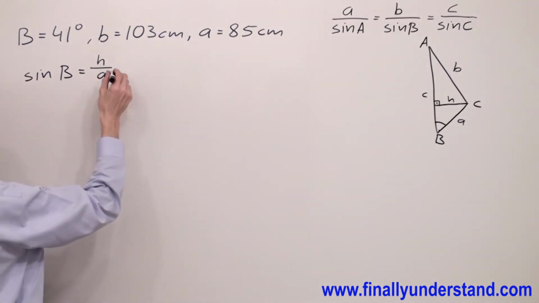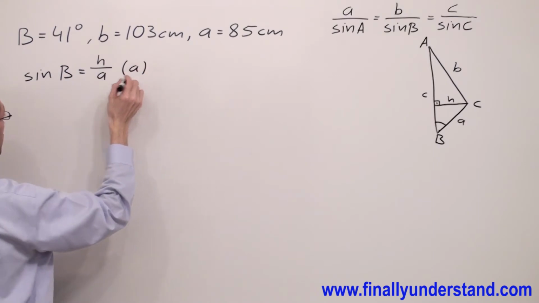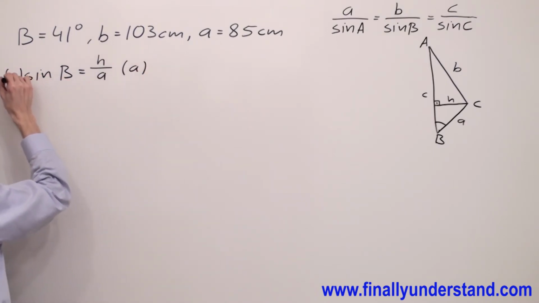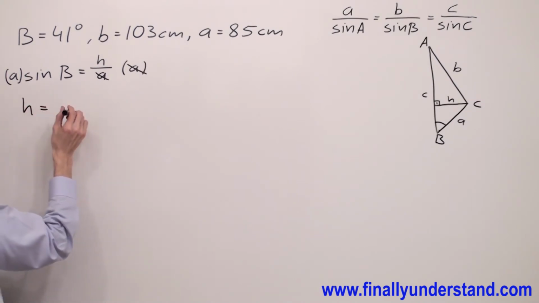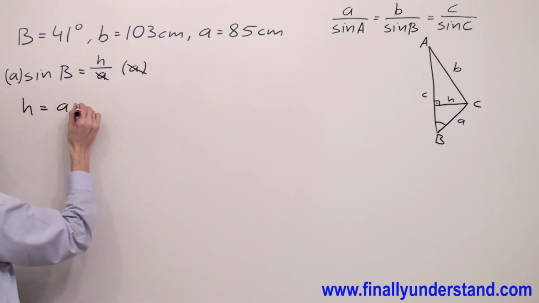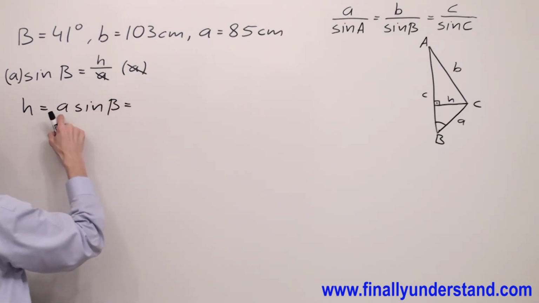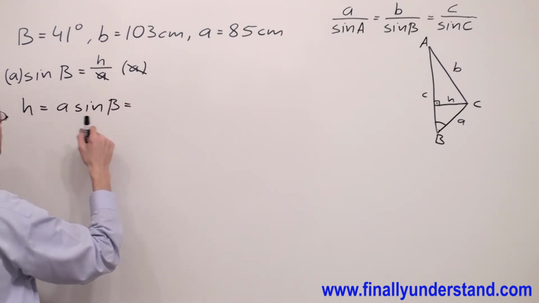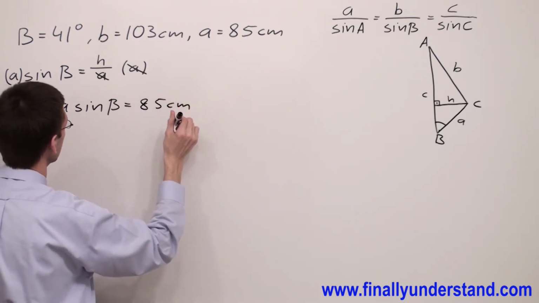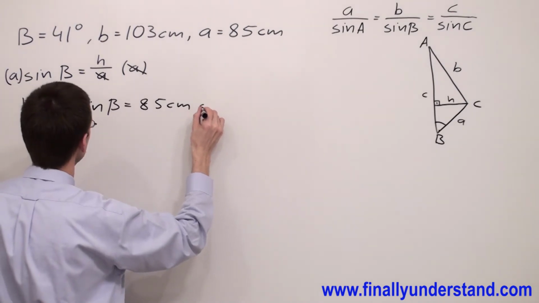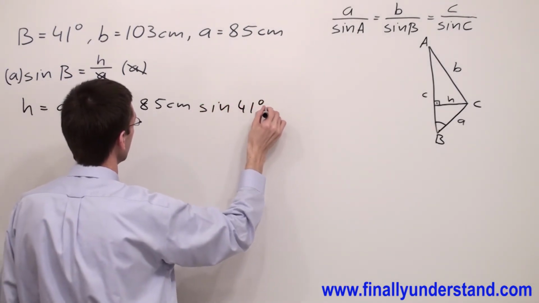In order to find H, I have to multiply both sides of my formula by A, because I want to eliminate the fraction. So H is equal to A sine B, where A is equal to 85 centimeters, and angle B is equal to 41 degrees.